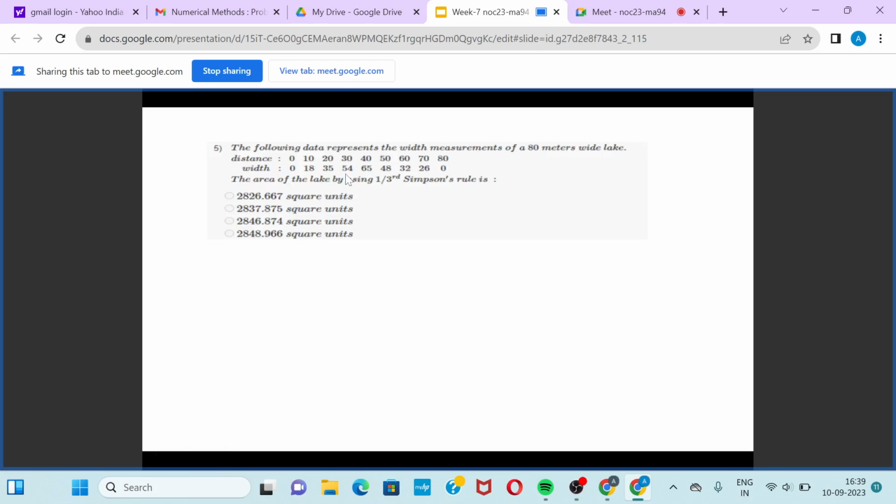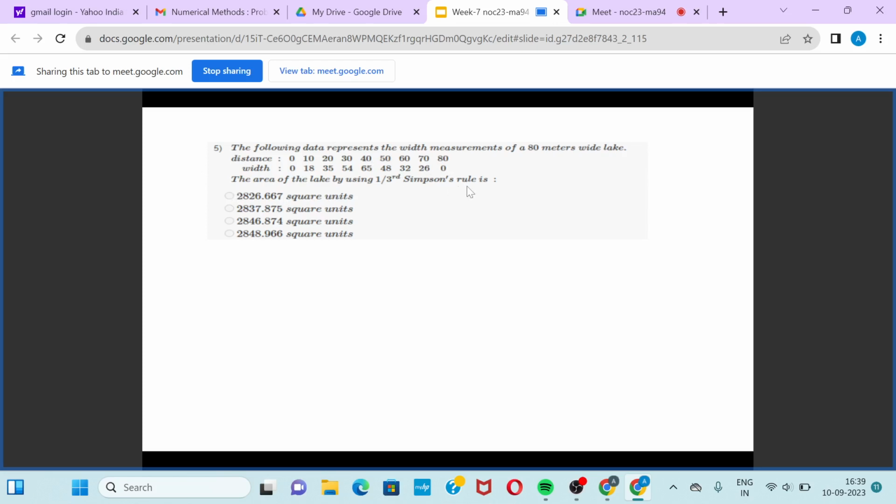the following data represents the width measurements of an 80 meters wide lake. Here we have been given the distance, that is 0, 10, 20, 30, 40, 50, 60, 70 and 80, and the corresponding width. We have to calculate the area of the lake by using Simpson's 1/3 rule.